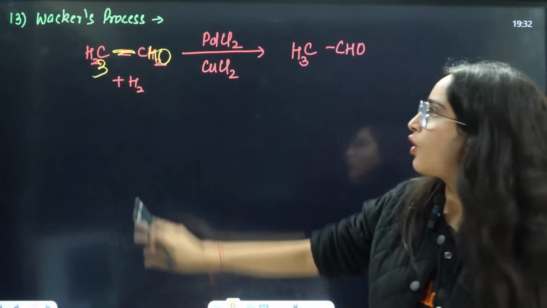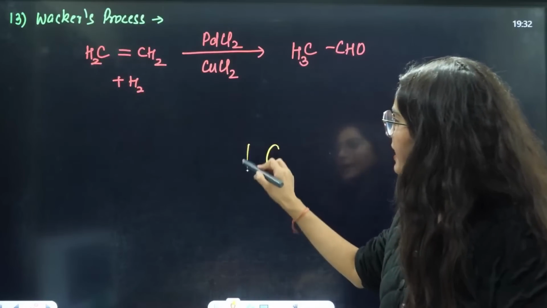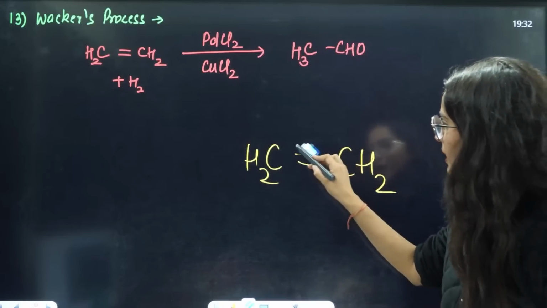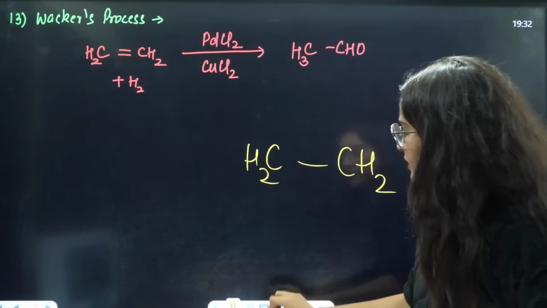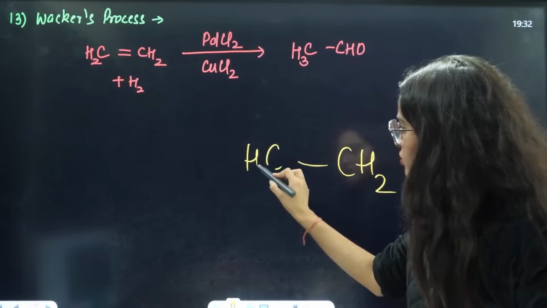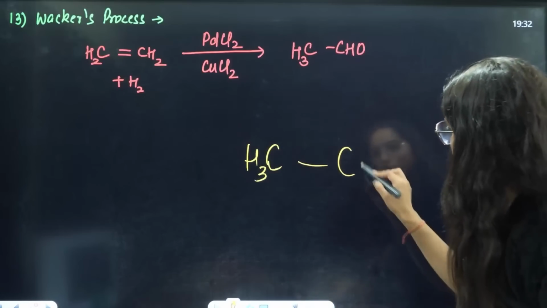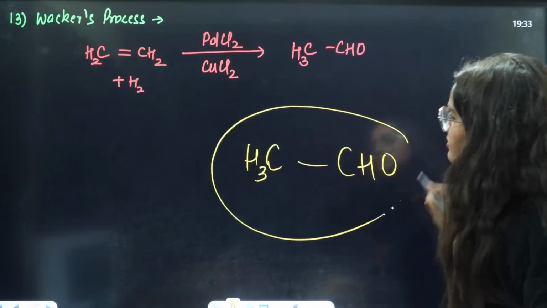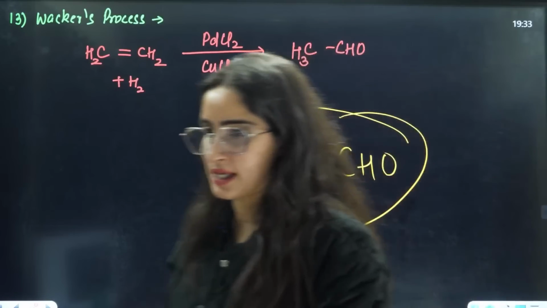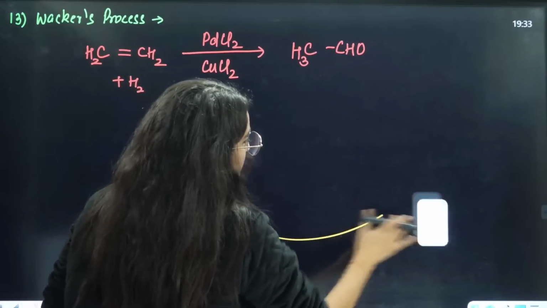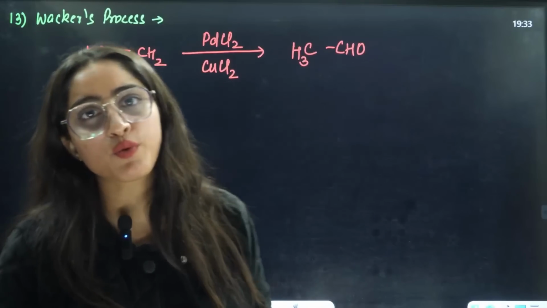So this is your CH2 double bond CH2. This pi bond will break, there will be addition of one hydrogen here, and here this will be converted to CHO. This is called Wacker's process.